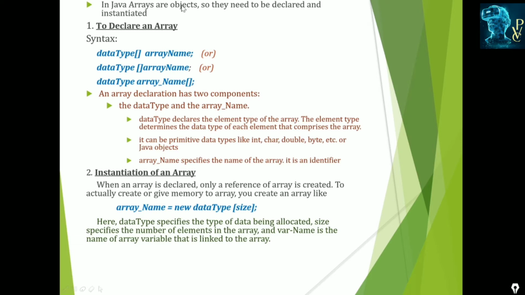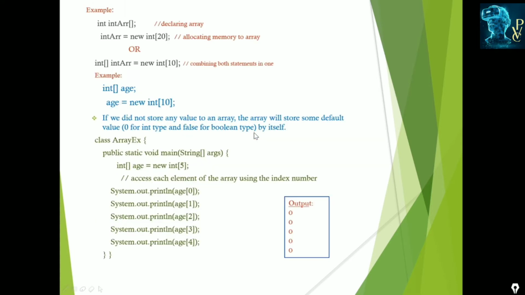So an array can be first declared and afterwards instantiated. In this example for integer type, we are declaring the array as int r, with square brackets. Here we are not specifying any size. Here we declared the array, and next we have to instantiate. Int array is equal to new int of 20. This is the allocation of the memory.